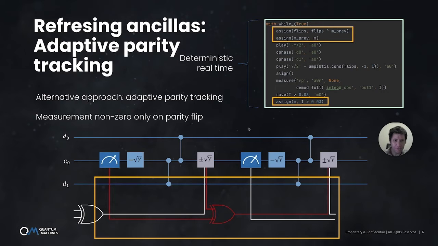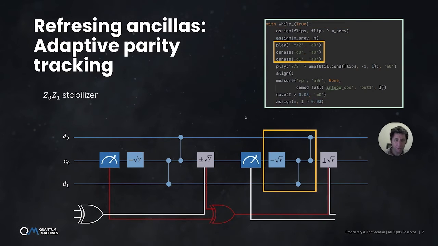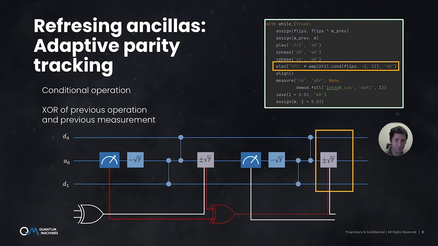But actually there is a real deep advantage here because of the way this logic is handled, and we'll show that in a second. So here we again do the Z0, Z1 stabilizer, which we perform using these CPhase gates. And here we have the conditional operation. Now, if we look at what this condition is based on, we see that it's an XOR of what we did in the previous round and in the measurement round before that.